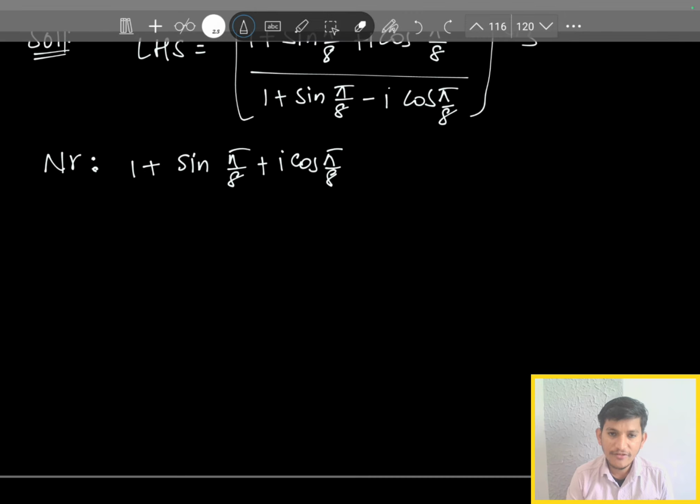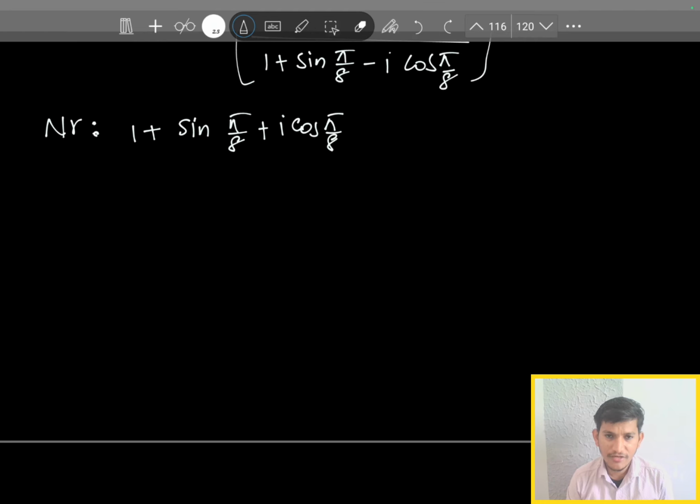Always remember, when you are writing z = a + ib, a is the real part and b is the imaginary part. Always the real part must be represented in terms of cos theta, and the imaginary part is represented in terms of sine theta. So we mention it in that way.